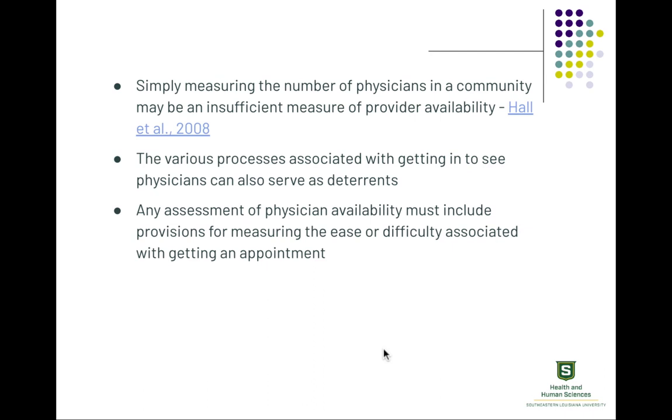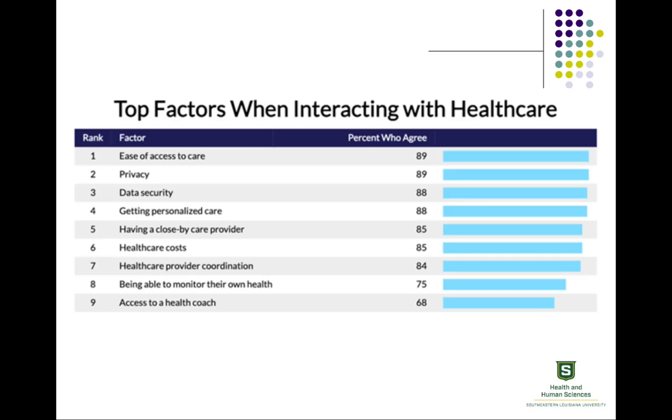So any assessment of healthcare resources has to look into both that the service or resource is available, as well as measuring the ease or difficulty associated with actually gaining access to that resource. That is a way to look at access.